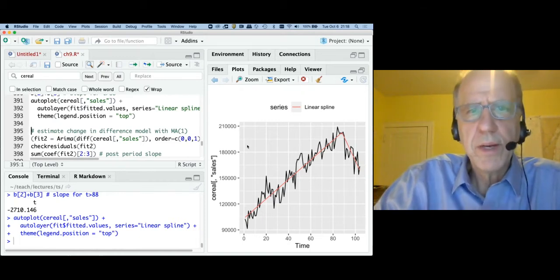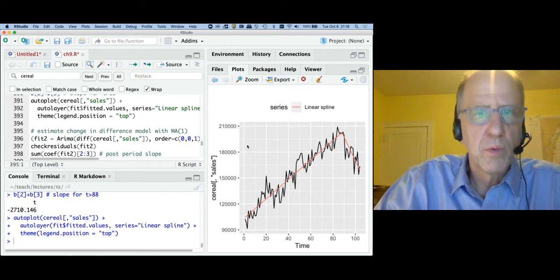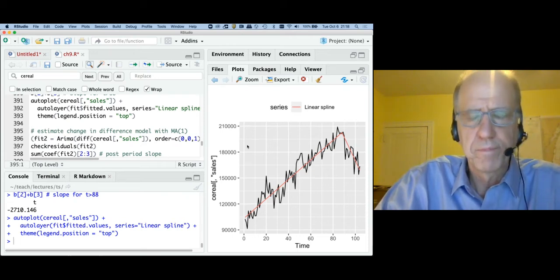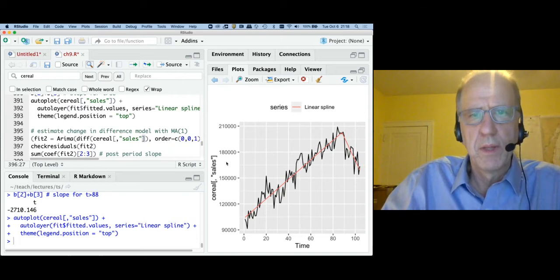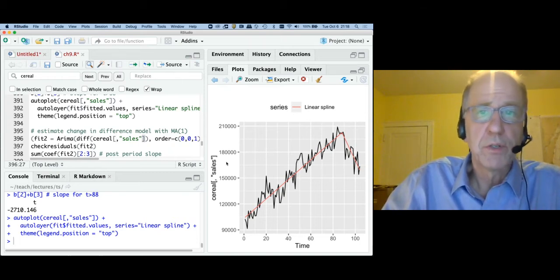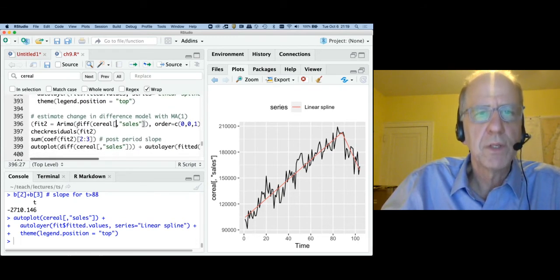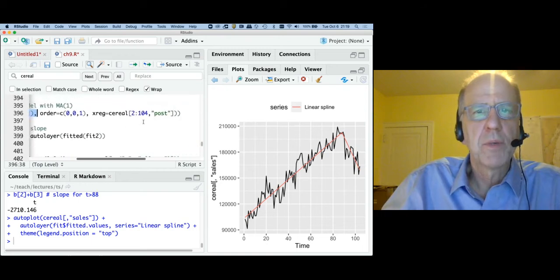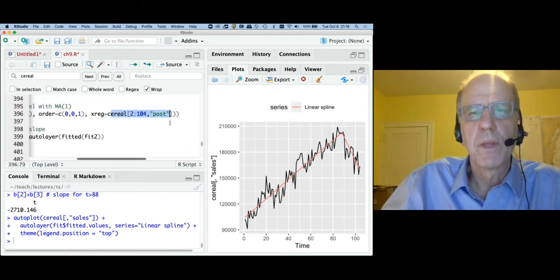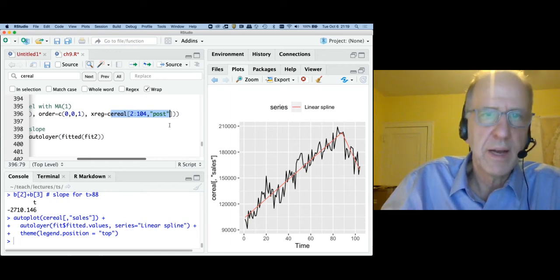Let's now try to fit a model with the correct errors. The first model that I want to try is a moving average. So that's what the autocorrelation function is suggesting, and we'll see what happens. I'm going to do this on the differenced sales data, and I'm going to include the post variable as an x.